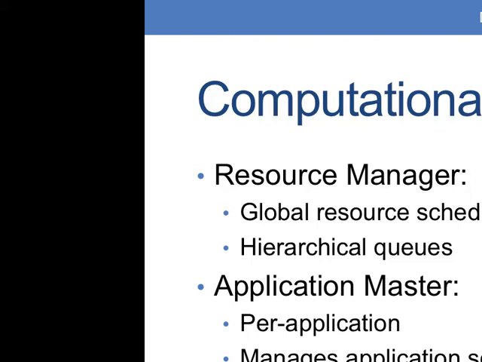We have the resource manager. The resource manager is a global scheduler that decides how to split the nodes in the cluster among the running jobs. Then we have the application master, and we have an application master for every running application.